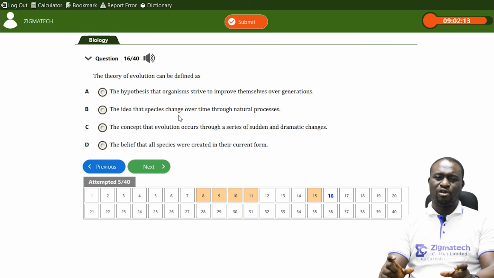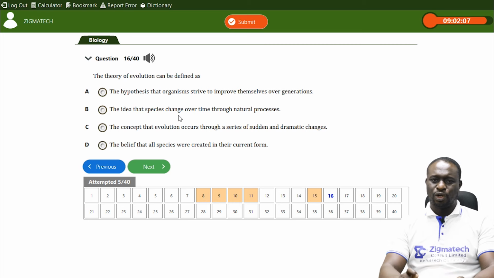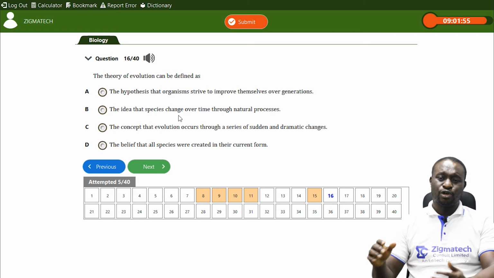Having this knowledge of the definition of evolution, you can have an idea of what the theory of evolution is all about. So it is talking about organisms pre-existing before, that the present form of an organism came from pre-existing forms that have been changed over a long period of time.